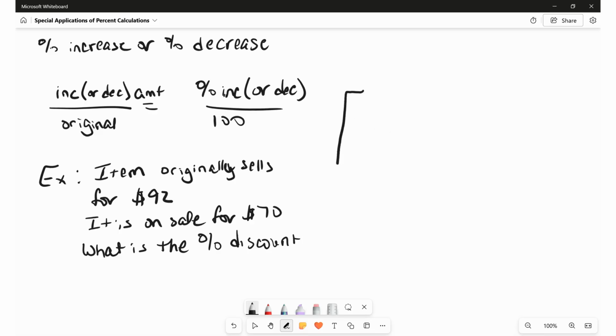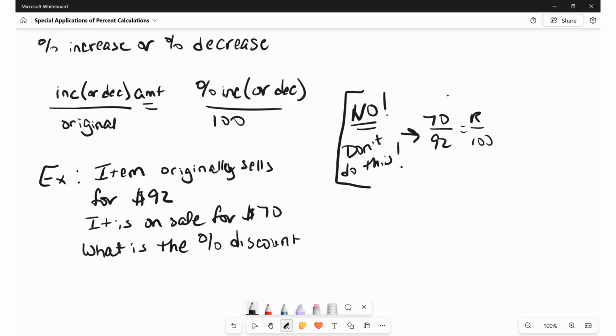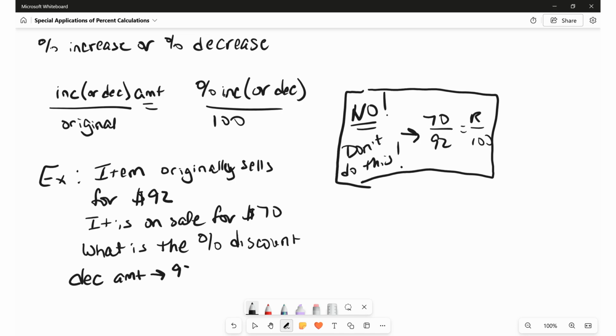Now, I'm going to put this off in a box and I'm going to say no. Don't do this. Do not do that. 70 is the sales price. It is not the amount that the price has decreased. So to find, first of all, the decrease amount, we need to do 92 minus 70, which will give us 22.